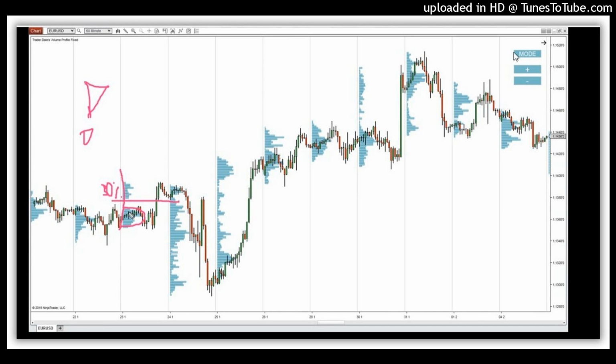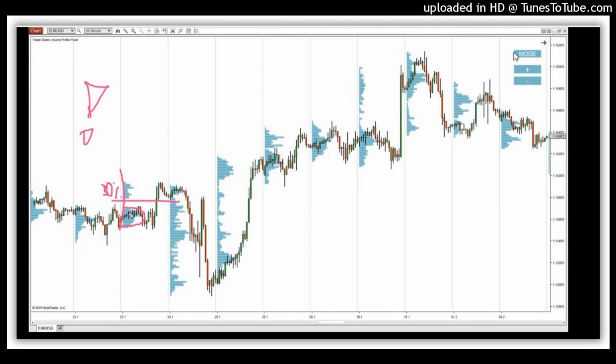Alright, here it is. So what happens next is that there is this profile which looks like a B-shaped profile, but it is not a B-shaped profile because the price closes above 50% of the daily range. So this is not a sign of strong sellers. Alright.